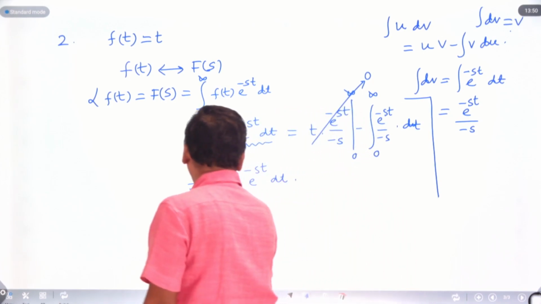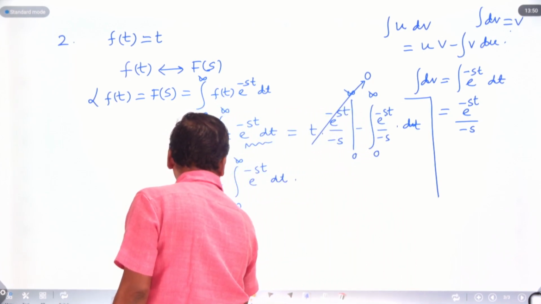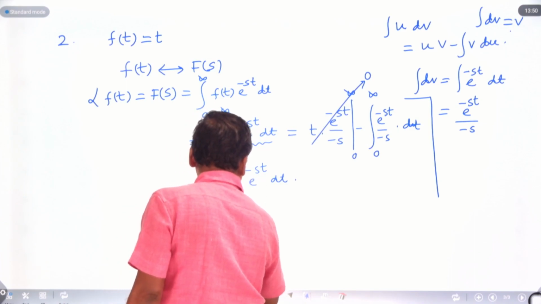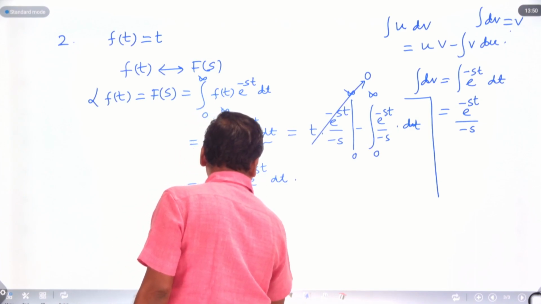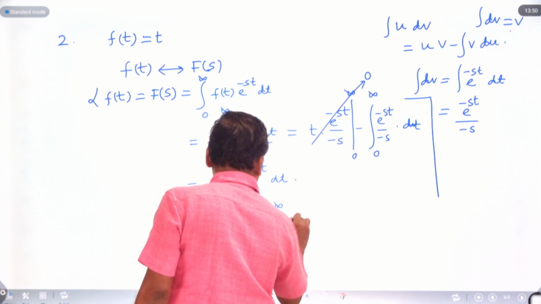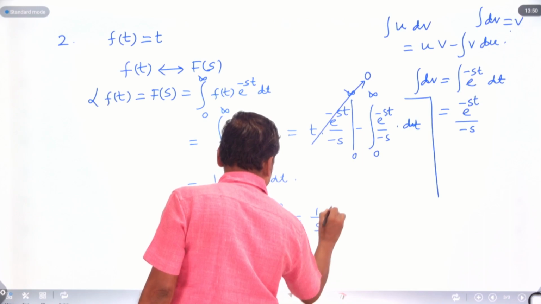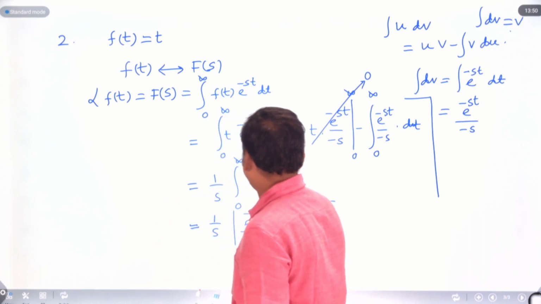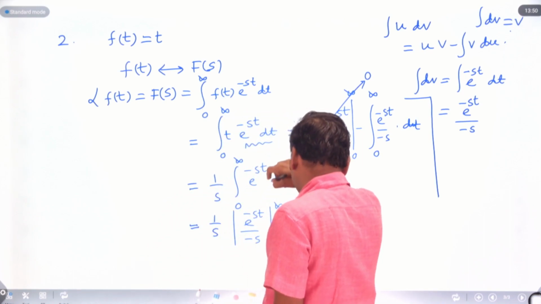Or you may find it this way: 1 by s into e to the power minus st divided by minus s, from 0 to infinite. It equals 1 by s into the upper limit, e to the power minus infinite, which is 0, minus the lower limit, e to the power 0, which is 1.